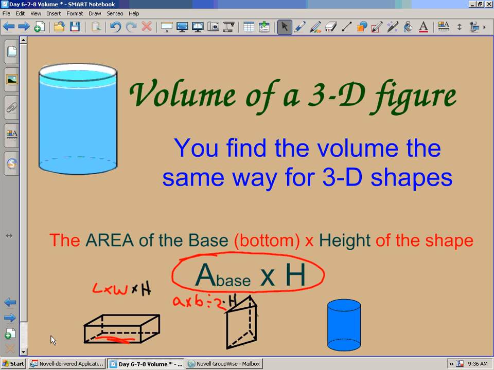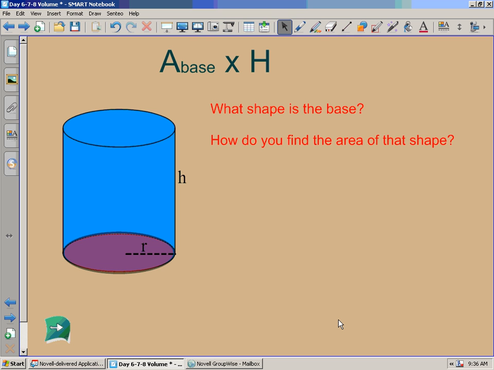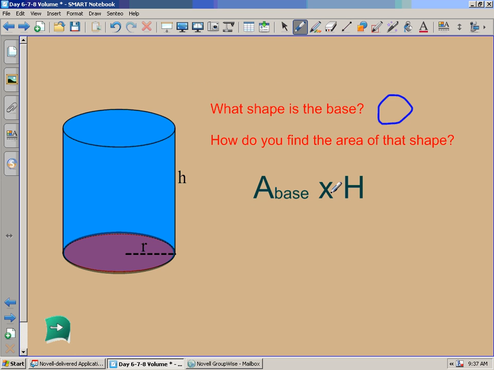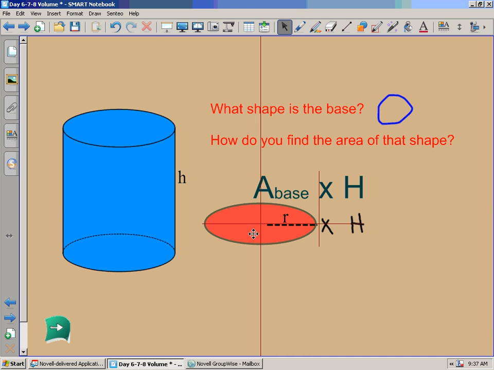Well, for today, we're going to look at our cylinder. So the first thing we have to do is determine what our base is. Well, it's a circle. So like our previous days, to develop the formula, we want the area of that base multiplied by height. So again, we need the area of this base, which we already determined is a circle, and multiply it by height.